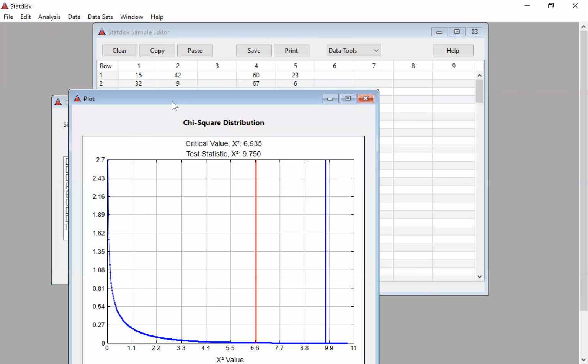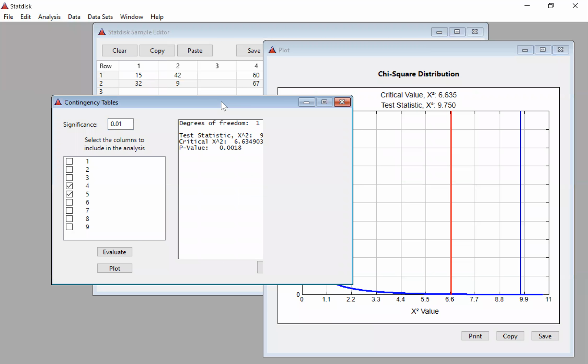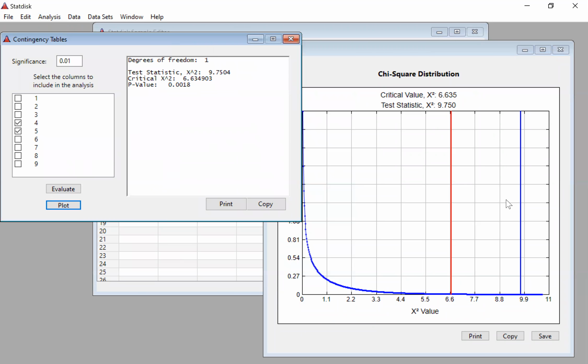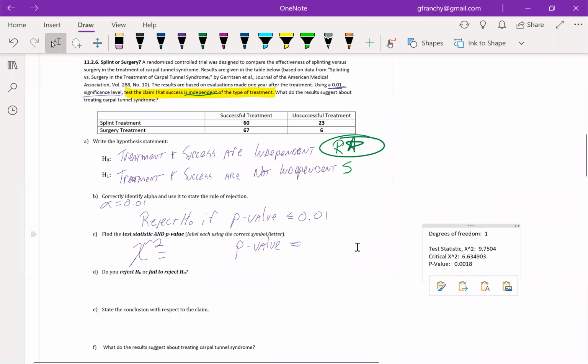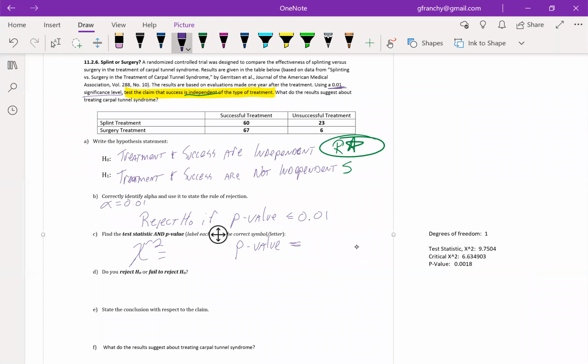Hit evaluate, hit plot. And what we see here is our test statistic there is off in the tail. Let me copy the dialog box over and head on back here. And what we get is 9.750 for our test statistic, and its corresponding p-value 0.0018.